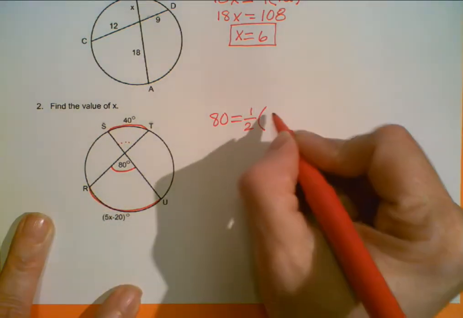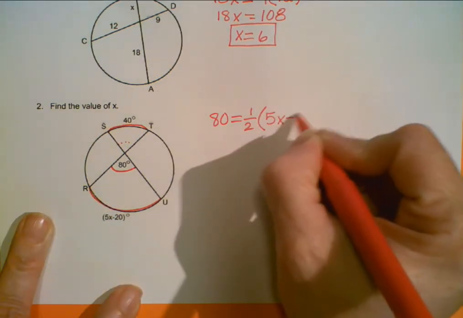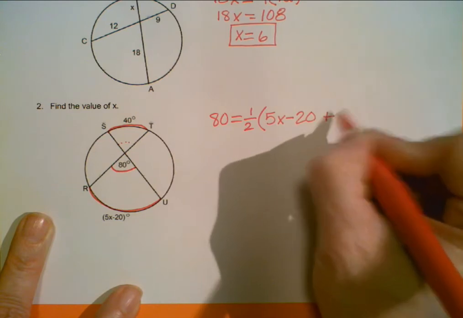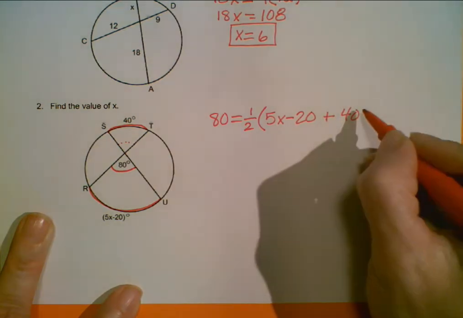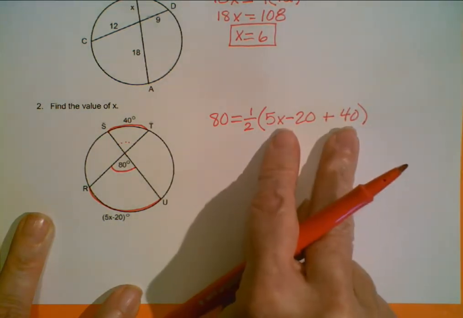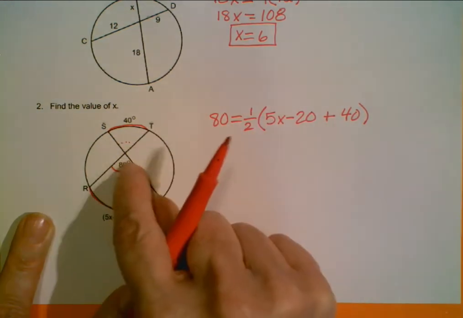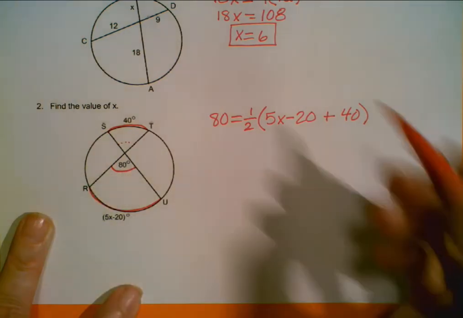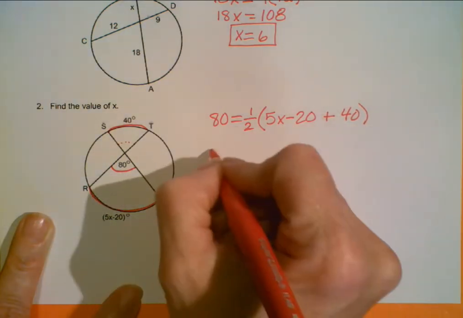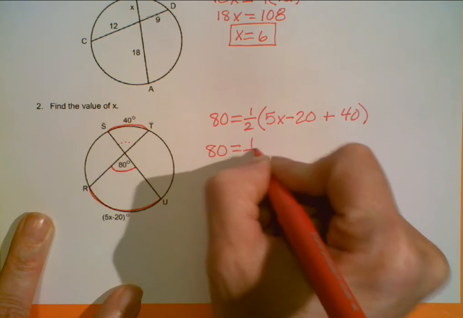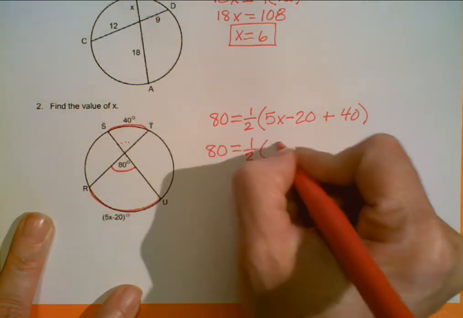So 5x minus 20 plus 40. So here we have the two arcs added together. This is the angle formed at the intersection point. So do some combining like terms here. We end up with 5x plus 20.